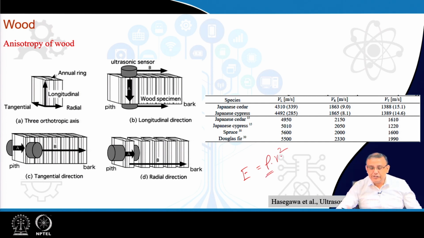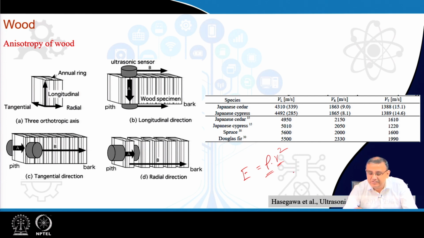From this relation, as we expect, along the L direction, the direction along which the cells are oriented, we have the highest sound velocity, which renders the material to have the highest stiffness along the L direction, whereas along the two other directions, radial and tangential, we have lower sound velocity, and that will automatically translate into lower moduli along these two directions. However, the velocities along VR and VT are lower than VL, but they are not identical.